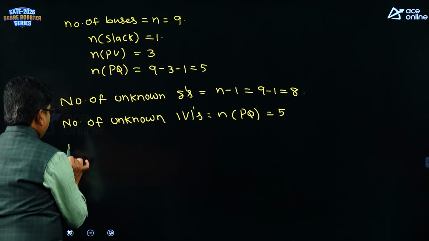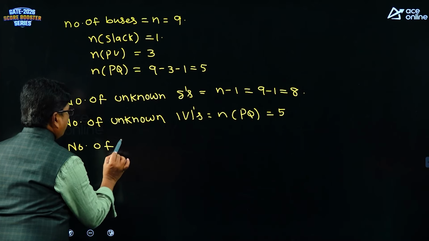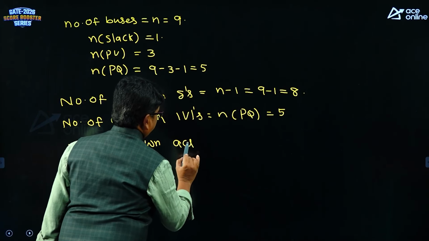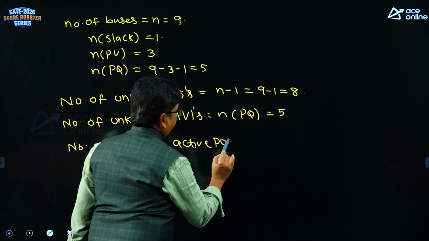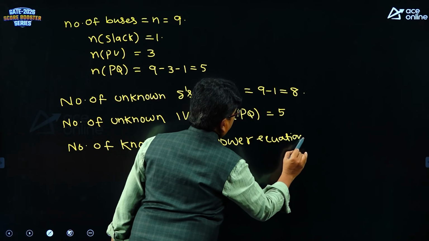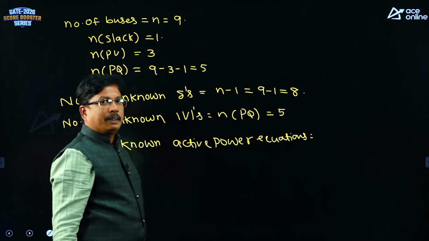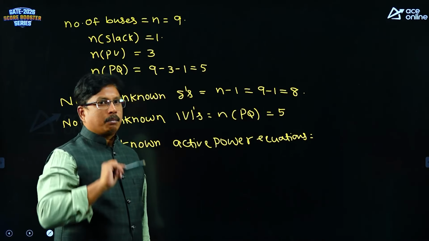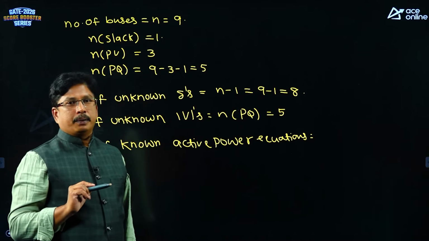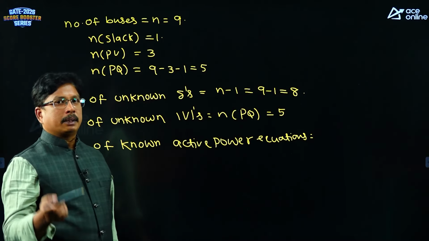Next one. Number of known active power equations. Where is active power specified? At every bus except the slack bus. Only at the slack bus you don't know the P value. At all PV buses and PQ buses, P is known.